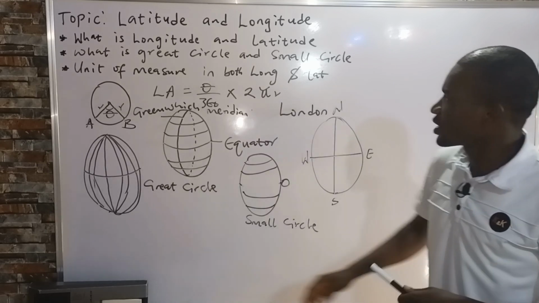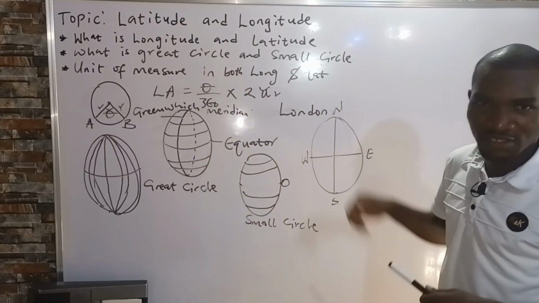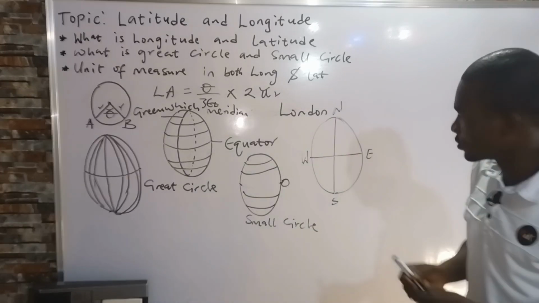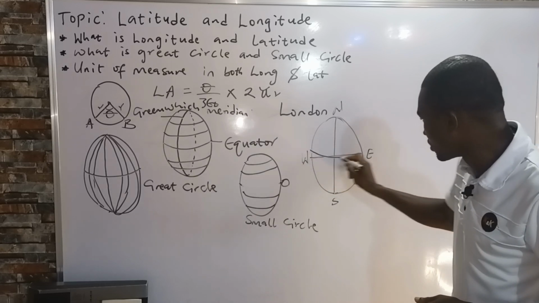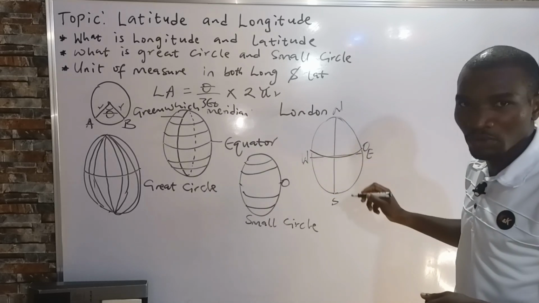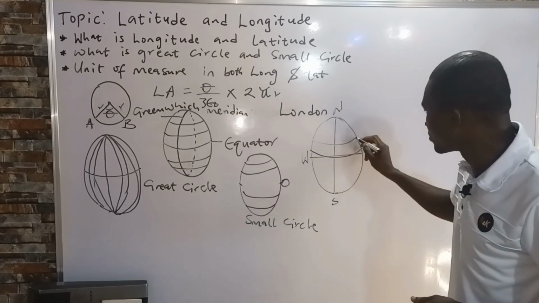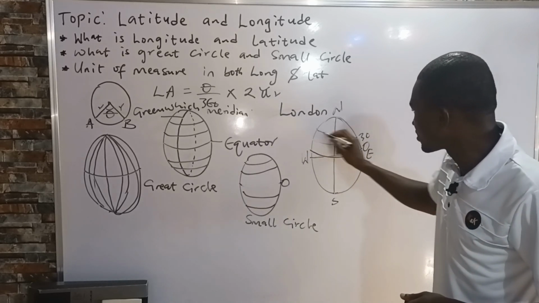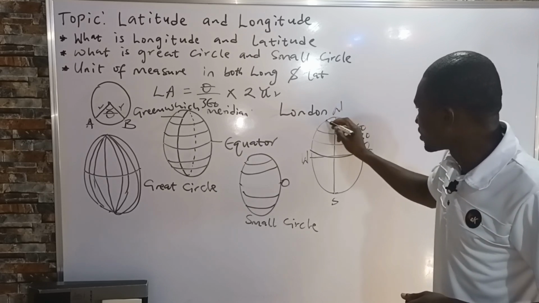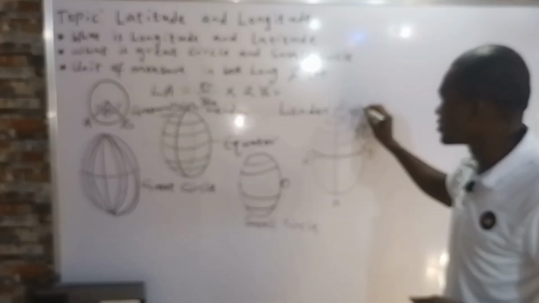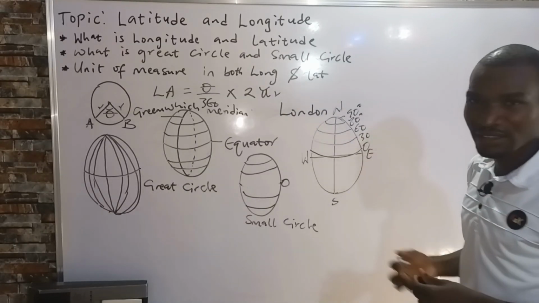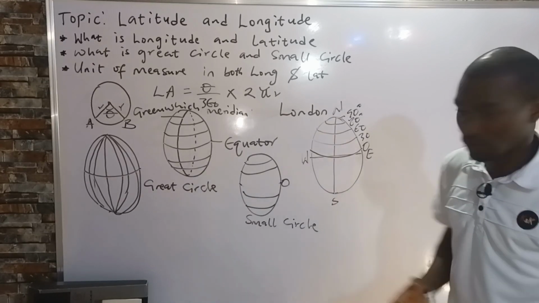So if you are measuring latitude, latitude ranges from the central point, which is usually 0, up till, let me assume here is 30, and here 60, and here maybe 80, up to the last part, which is going to be 90 degrees. That is the measurement of latitude.